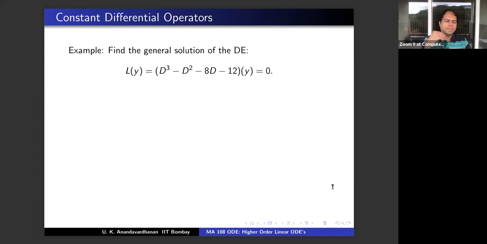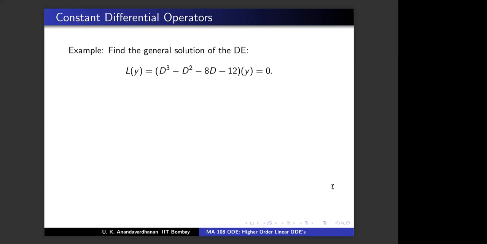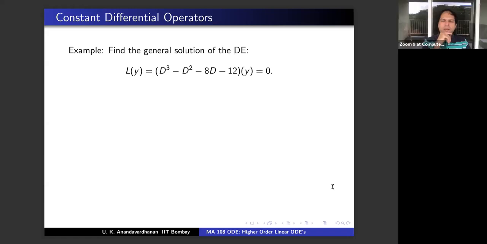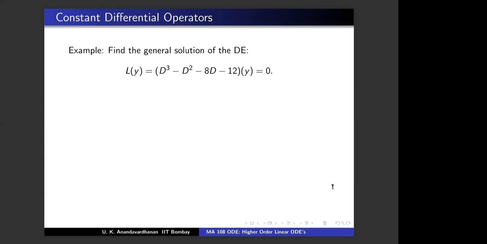Minus 2 is a double root of it. Minus 2 and? Could you say that again? 2 and minus 3. Okay, so let us check.